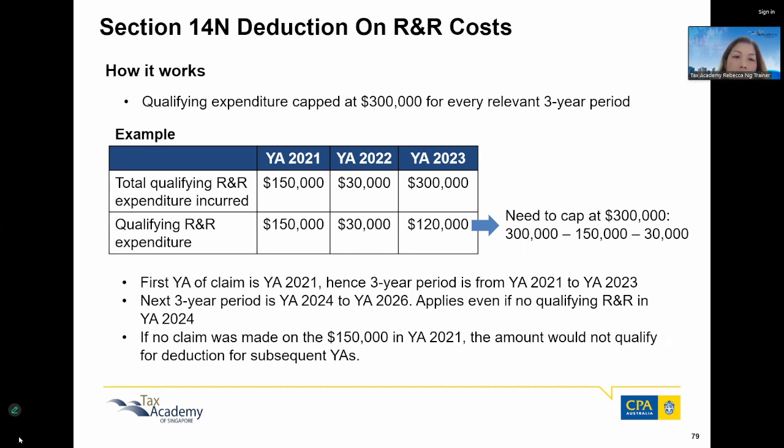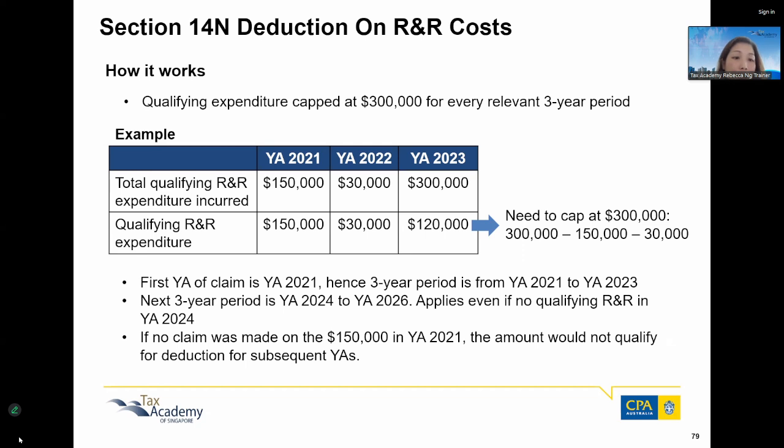So if the company was incorporated many years ago and has started claiming the R&R cost previously, the first year the company starts claiming, it will start from that 3-year period. So that 3-year period will not change.